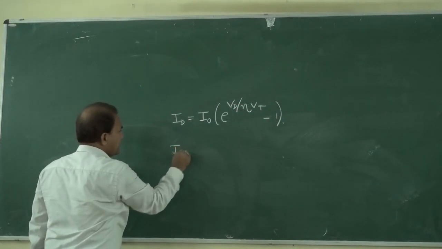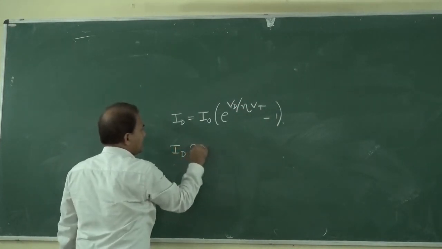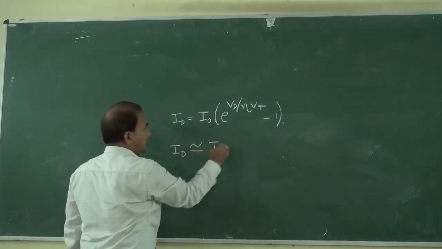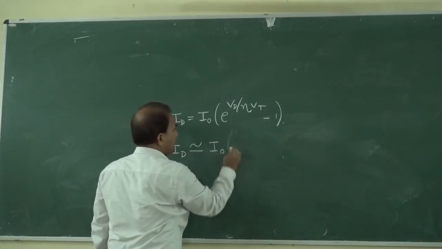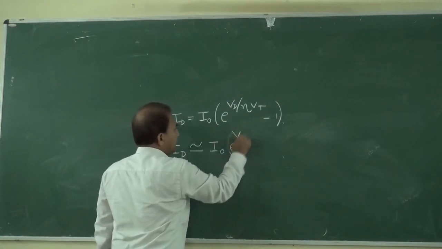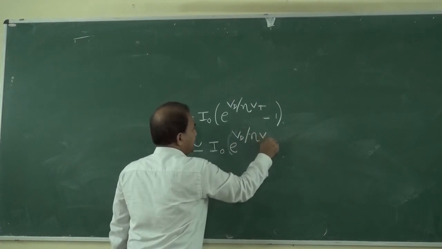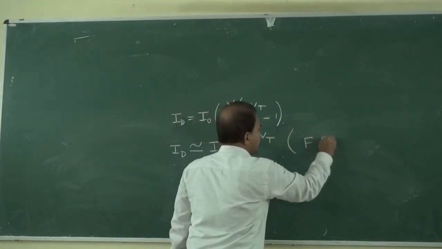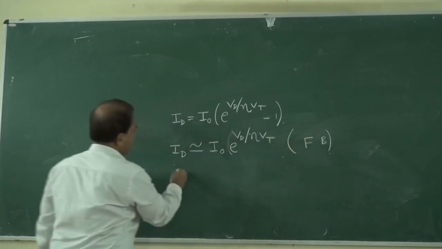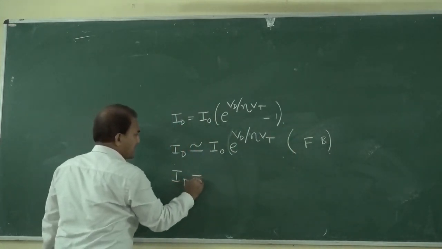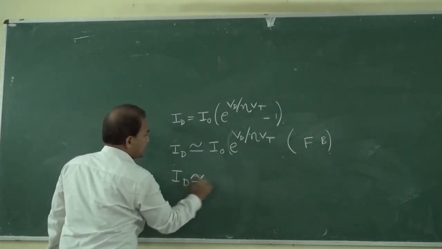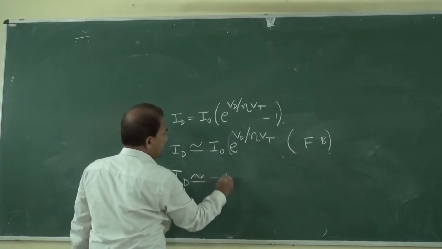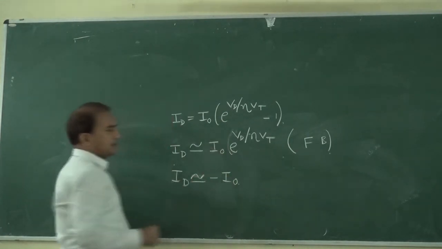In forward bias condition, ID is approximately equal to I naught into e to the power Vd by eta Vt. This is in forward bias condition. Similarly, ID in reverse bias condition is approximately equal to minus I naught.